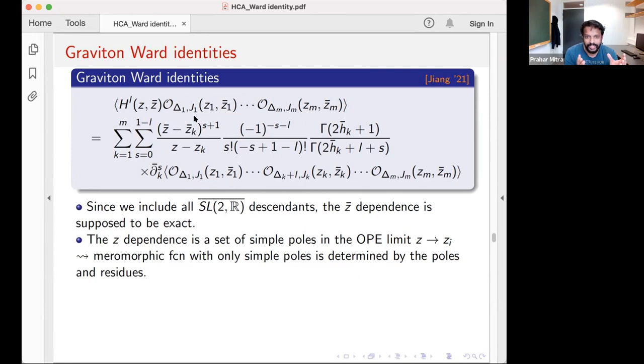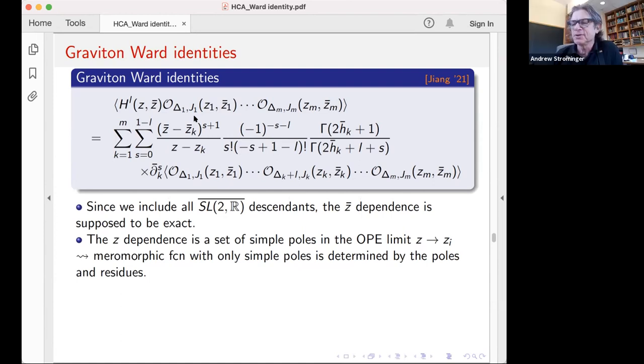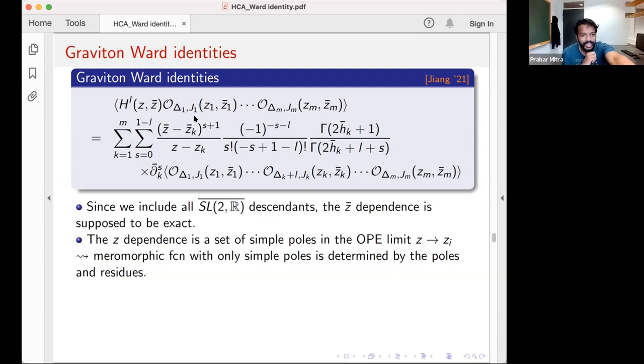And so this equation would be true if we assume that all of the operators appearing on the left-hand side are indeed local, and I'm not sure that we can say that yet. But this is just a soft theorem. We're not questioning the soft theorem. No, so instead of saying equality, if you only said the singularity structure as z goes to zi, then I would be perfectly happy. But you're claiming that the only singularities occur when z goes to zi, and I think that assumes locality.